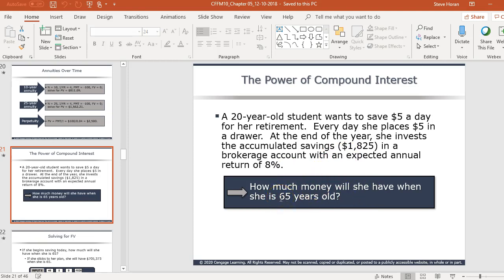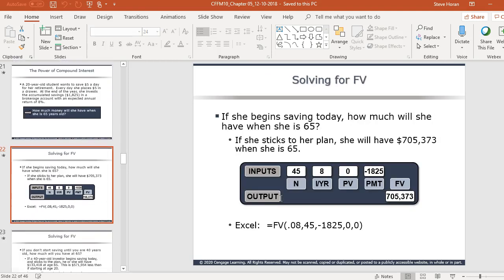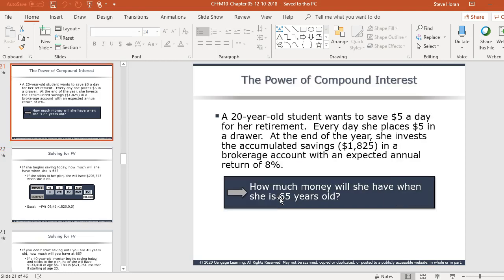And so how much will that be worth? So $1,825 for 45 years. You need to solve for the future value. If she begins saving today, how much will she have when she's 65? I apologize, I should say she's making that payment every year.